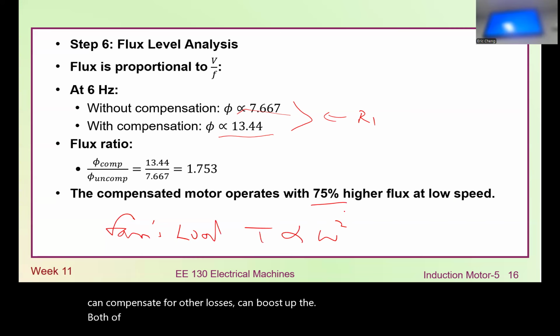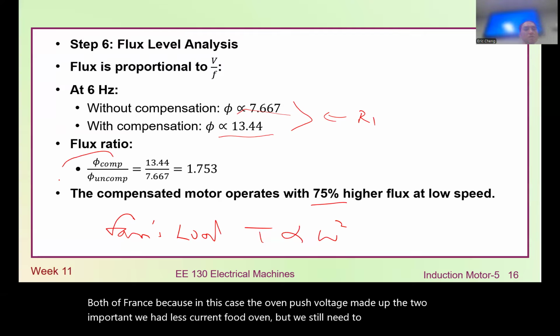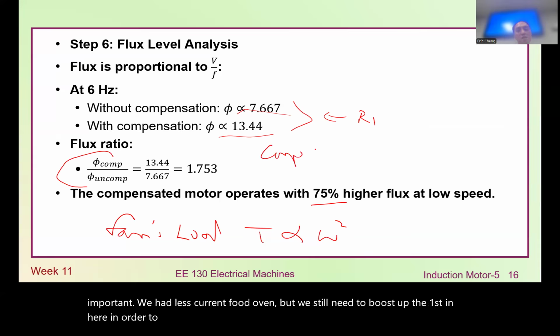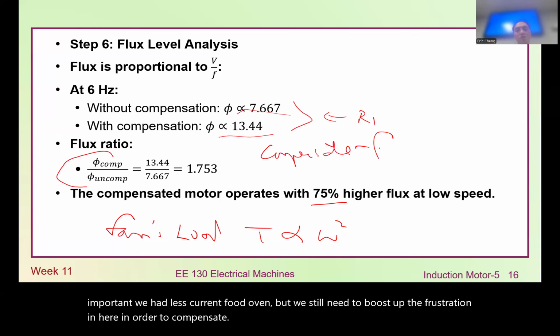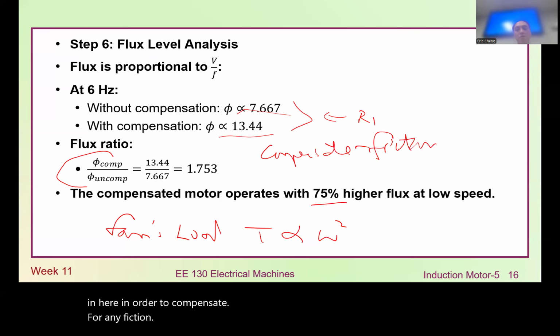Because in this case, the R1 boost voltage is not so important. We have less current for R1, but we still need to boost up the flux here in order to compensate for any friction and maybe other losses. When the motor is starting, there are a lot of uncertain losses anyway.